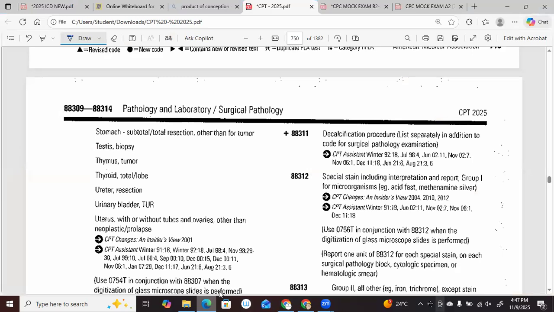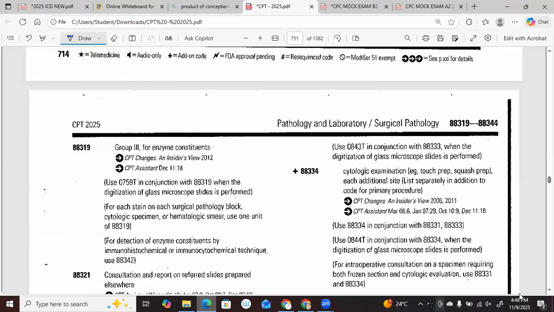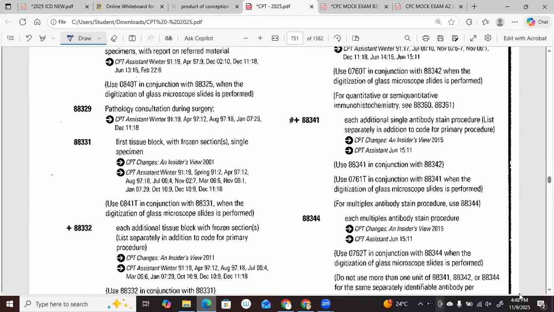If, in conjunction with surgical pathology, the doctor is doing special staining, decalcification, or a frozen section, we have to bill that separately. So I'm going to pull the code for the frozen section here. These codes, 88331 and 88332, are for the frozen section and are based on the tissue block per specimen.